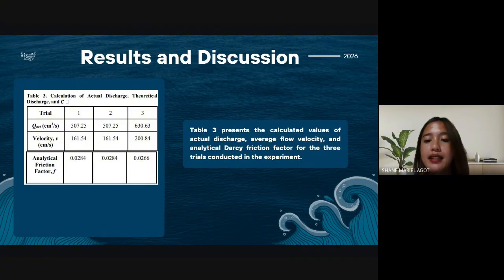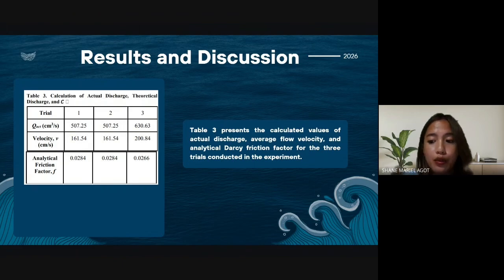In trial 3, the actual discharge increased to 630.63 cubic centimeters per second, which also increased the average flow velocity to 200.84 centimeters per second. Even though the flow velocity and discharge became higher, the calculated friction factor slightly decreased to 0.0266.